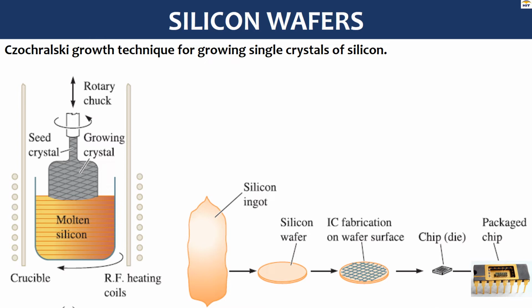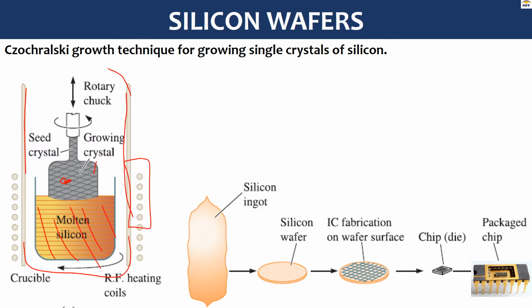Here you have your seed crystal, and here you've got your reactor. This is your reactor in here, which is a crucible type, which means this is a heat refractory material. And then here you've got a bath of molten silicon.